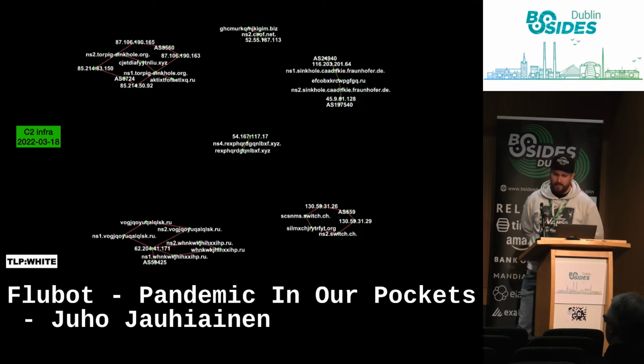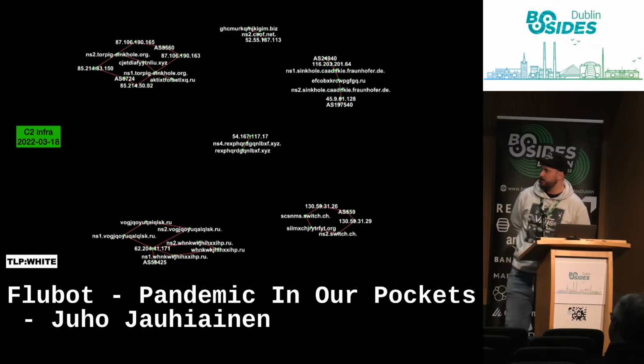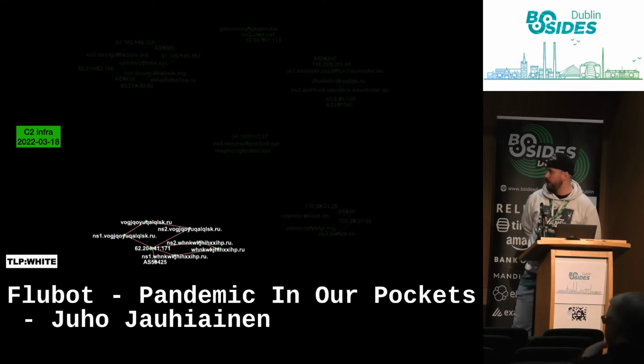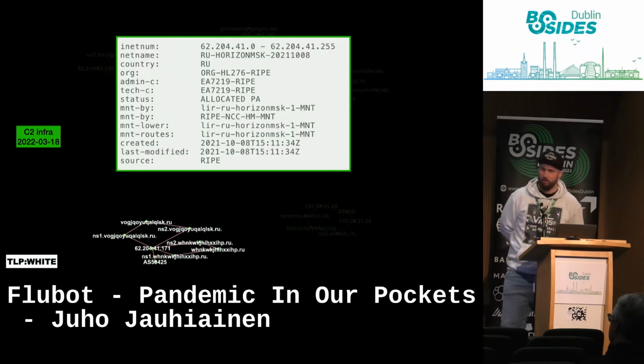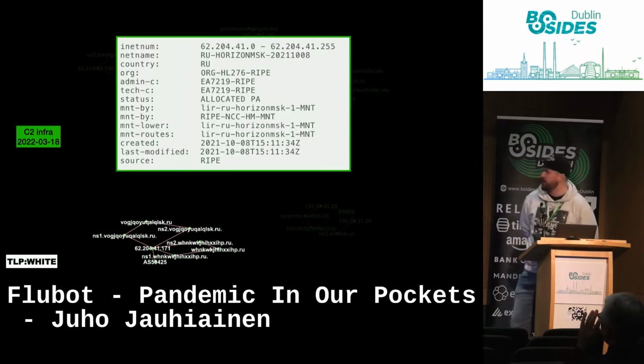So as I said, they're updating it constantly. This is from yesterday, and as you can see, there are not that many domains anymore, but we can see 2 active domains. They are hosted in different AS, and this is a Russian AS called Horizon.